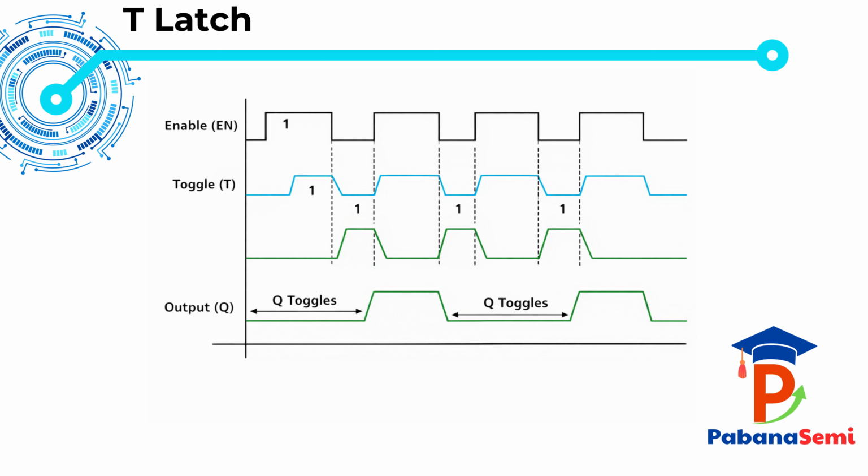You can see that every time T becomes 1 while enable is high, the output Q changes state. When enable goes low, the latch closes, so Q stays fixed even if T changes. So the simple rule is, enable high plus T equals 1 makes Q toggle. Enable low makes Q hold.